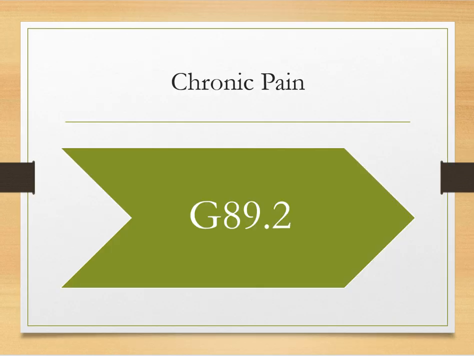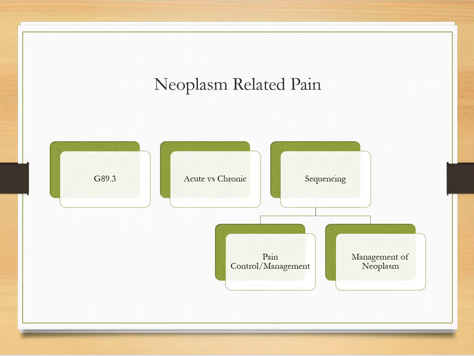Speaking of chronic pain, it is classified to subcategory G89.2. Per guidelines, there is no time frame in determining when pain becomes chronic pain, and you've guessed it, your provider should guide the use of these codes. Neoplasm-related pain.